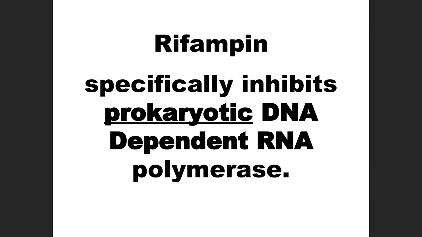Now, the next antibiotic is rifampin. Actually, this antibiotic I've seen with different names. Most of the time, I've seen it called rifampin. It's also called rifamycin. A couple other names here, but we're going to call it rifampin here. This drug blocks transcription. It inhibits transcription in bacteria, and it specifically inhibits the process in bacteria.